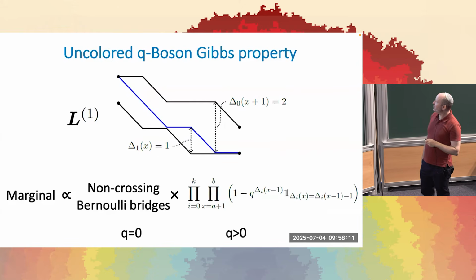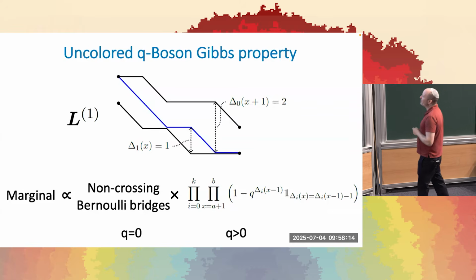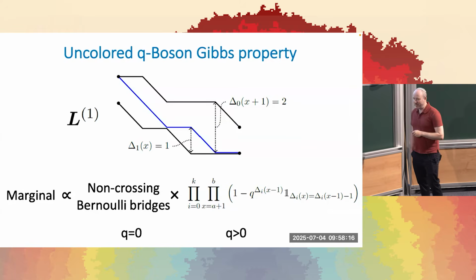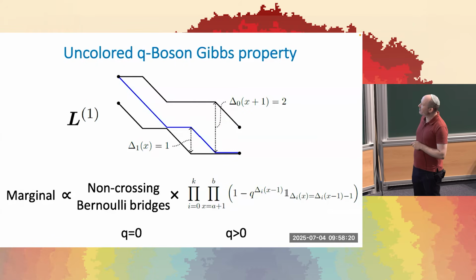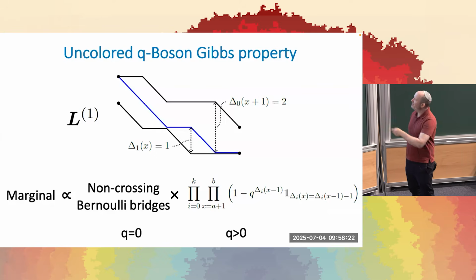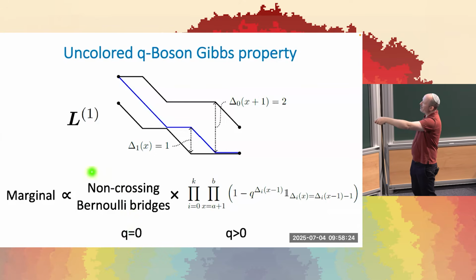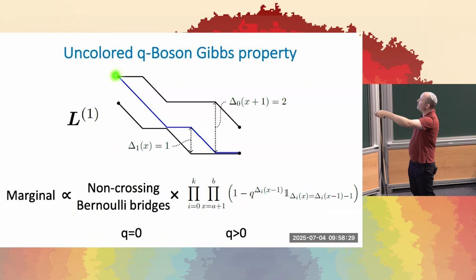But when Q is positive, the Gibbs property is actually a little weird, okay? And this creates all sorts of issues that one needs to address. So when Q is positive, what happens is you still have the weighting according to non-crossing Bernoulli bridges, but then every time that the distance between two consecutive paths in this ensemble decreases by 1, so here you see it was equal to 1 and now it's equal to 0, and here you see this distance was 2 and then it goes down to 1.